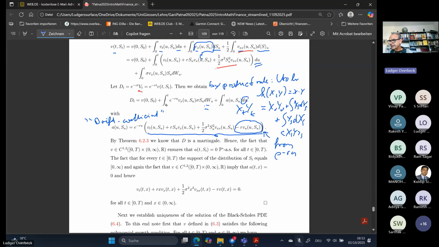If dt is a martingale, this should also be a martingale, but this is of quadratic variation 0, so this cannot be a martingale. It's only a martingale if this one is 0. In this sense, in diffusion setting, martingales have no drift, or drift equals 0. So the drift coefficient must be 0.